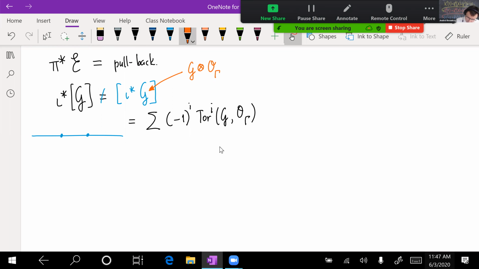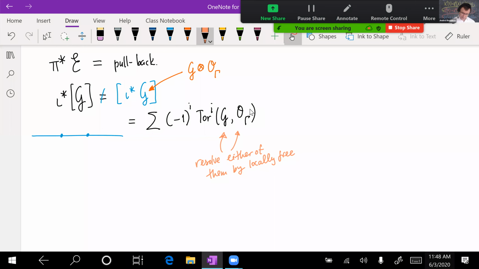And to compute it, you resolve one or the other, either of them, by locally free sheaves. So this is computational. You take a resolution of one or the other, then you tensor the resolution, and you add the corresponding tensor factors.